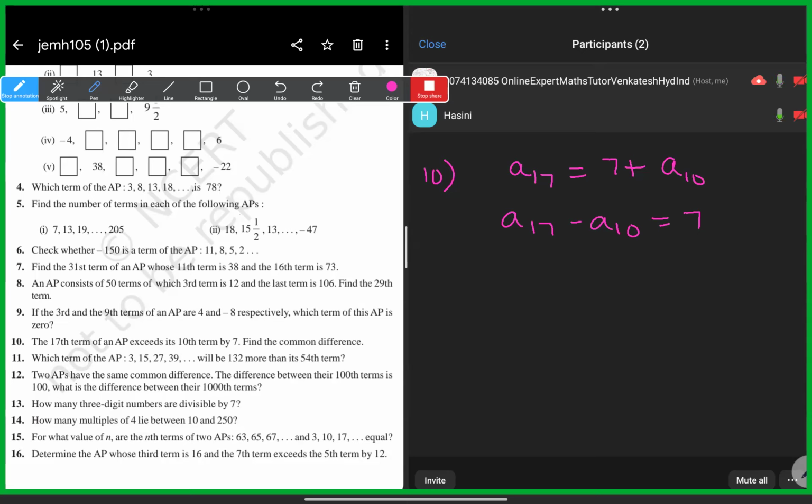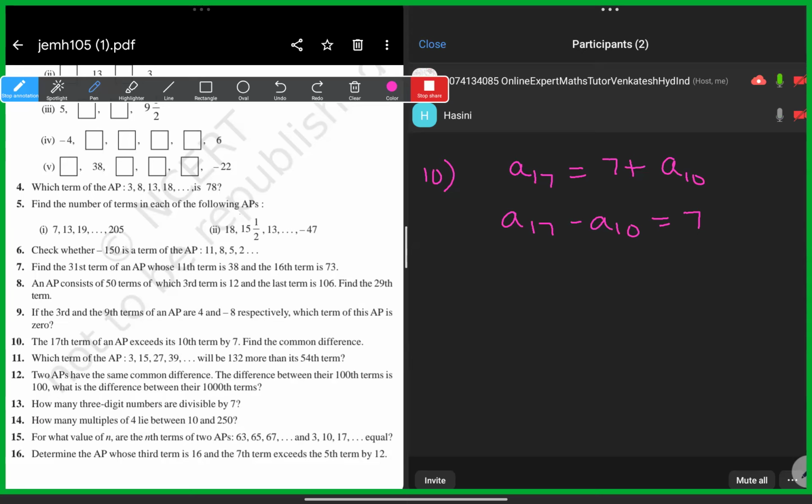By 20. How did we get that? 100 minus 80. So 100 exceeds 80 by 20 means 100 minus 80 is equal to 20, or 100 is equal to 20 plus 80, also you can write.